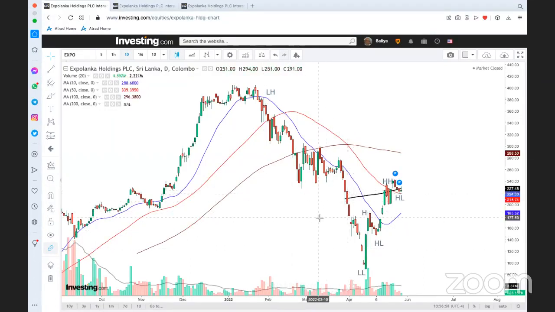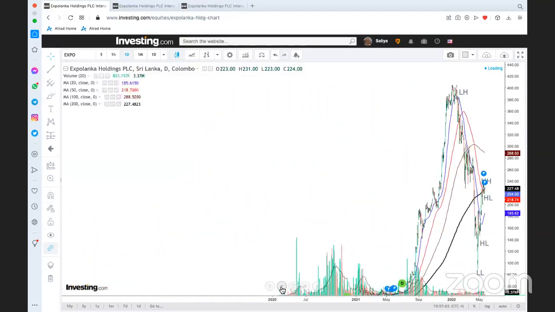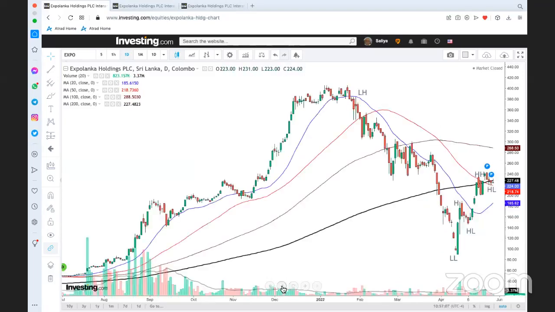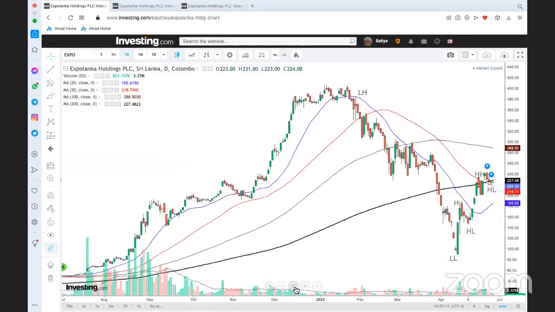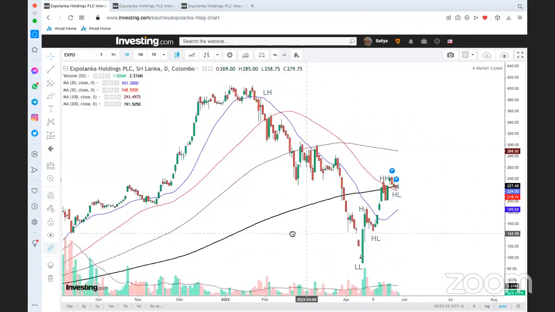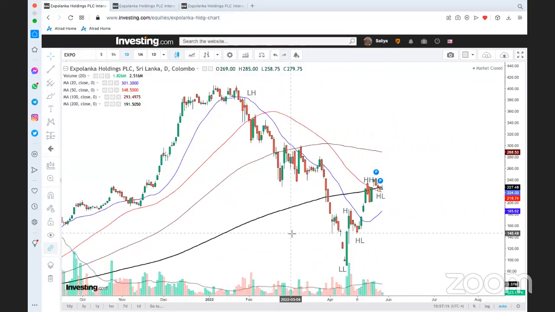But we can minimize the chart like this and get the length increased, right? Like this. So you will see the moving averages displayed like this.